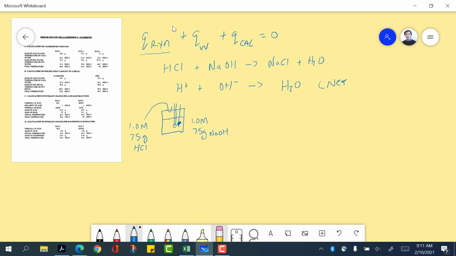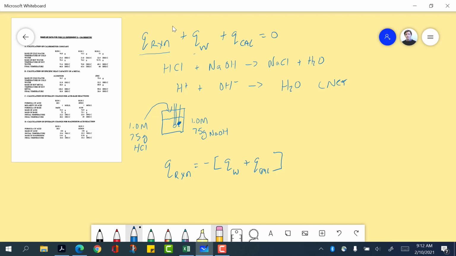So the water that's formed here. The way we'll find our heat of reaction is that's going to be minus Q for the water that's formed to the calorimeter. So everything goes right here into the surroundings, comes from the reaction straight into the surroundings.